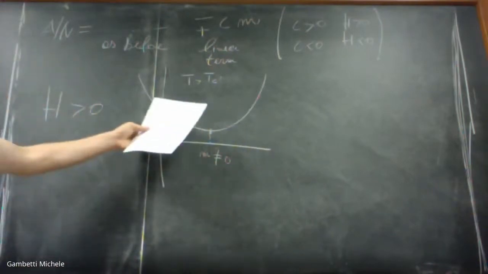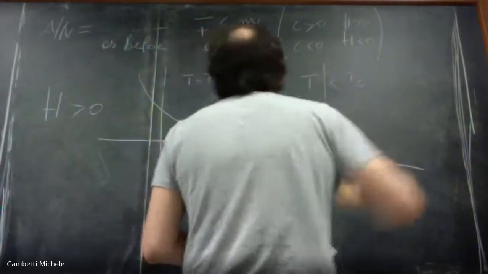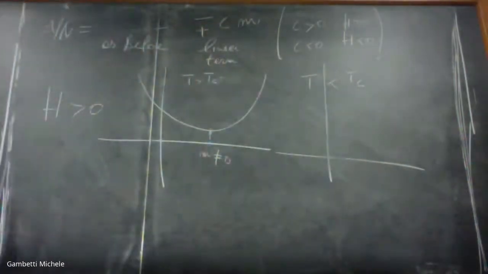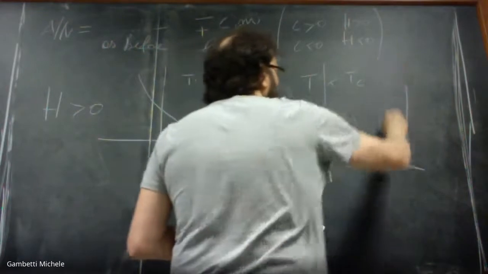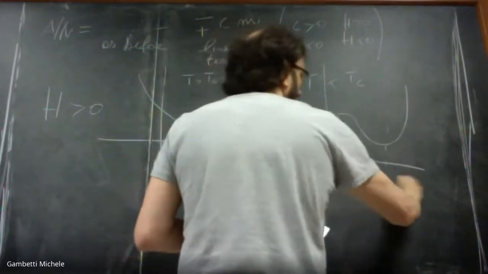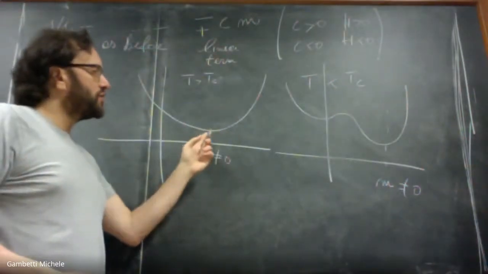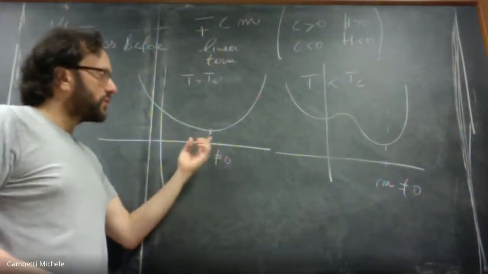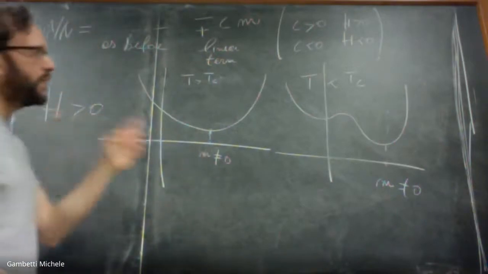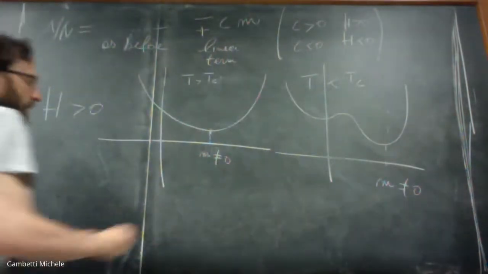This is the behavior at T larger than Tc, whereas the behavior at T smaller than Tc has a more complicated structure, would be something like this, but still it has a finite value different from 0, which however changes continuously. So let me write the sentence.